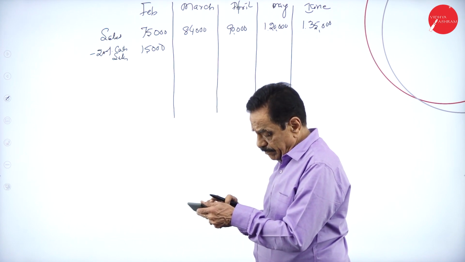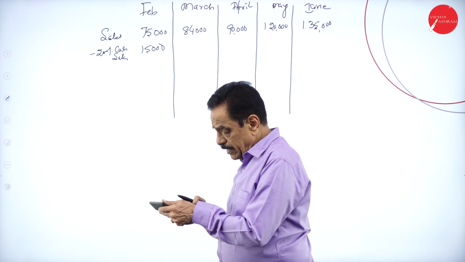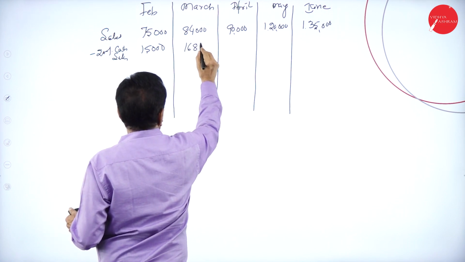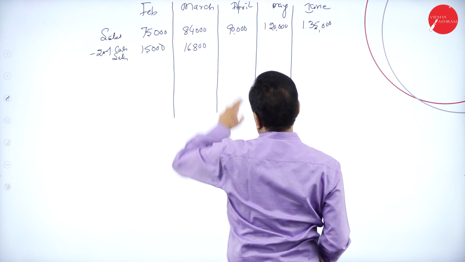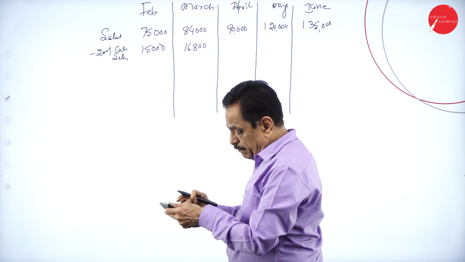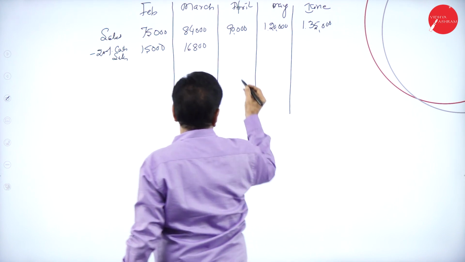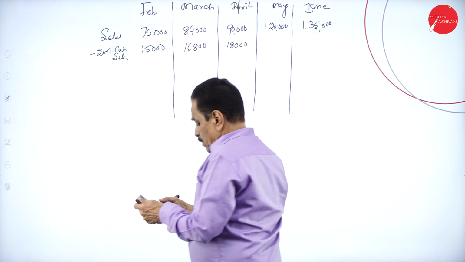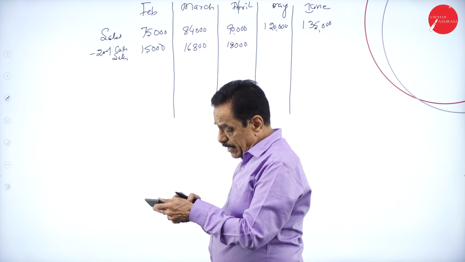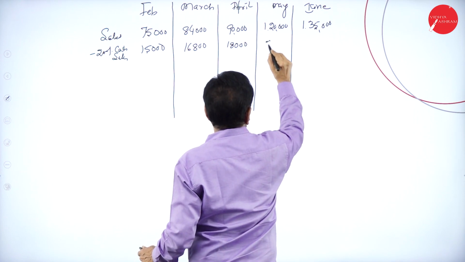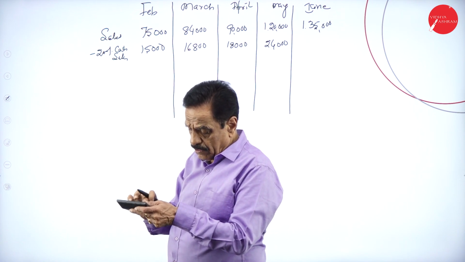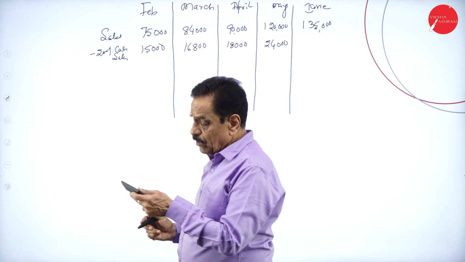Then 84,000 into 20 divided by 100 is 16,800. 5 ones are 5, 5 threes are 15, 5 sixes are 30. Then 90,000 into 20 divided by 100 is 18,000. Then 1,20,000 into 20 divided by 100 is 24,000. Then 1,35,000 into 20 divided by 100 is 27,000.